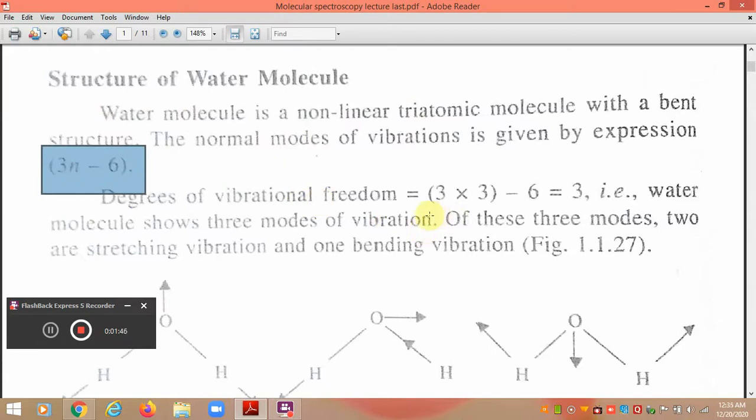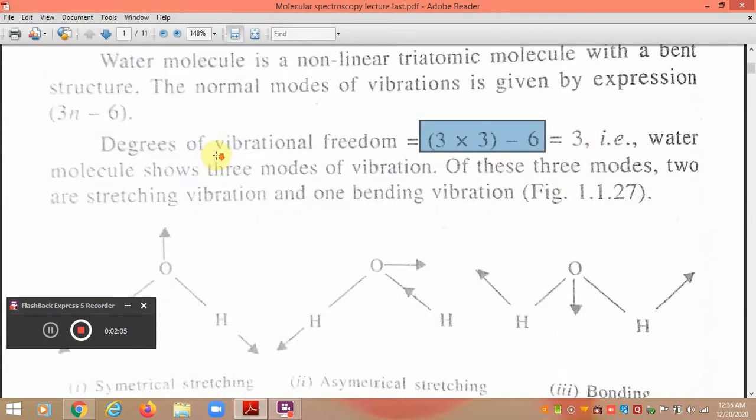Therefore the total vibrational degrees of freedom in the H2O molecule is 3 into 3 is 9, minus 6, which will be 3. Definitely we will discuss these three modes of vibrational motion.